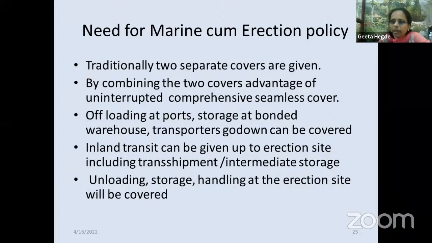If we give separate marine and erection policies, we have seen one clause of 50-50 clause. As the loss is there, we don't know whether it is falling on the marine or on the erection policy. All such doubts or difficulties will not be there if it's a marine cum erection policy, because marine is covered under us and erection is also covered under us. Then whether the damage is in marine or in the erection, it can be covered.